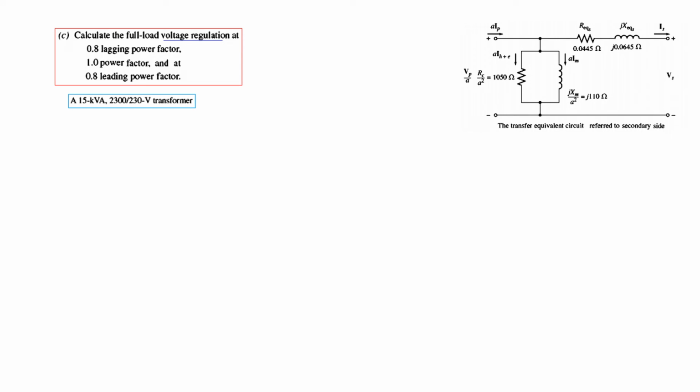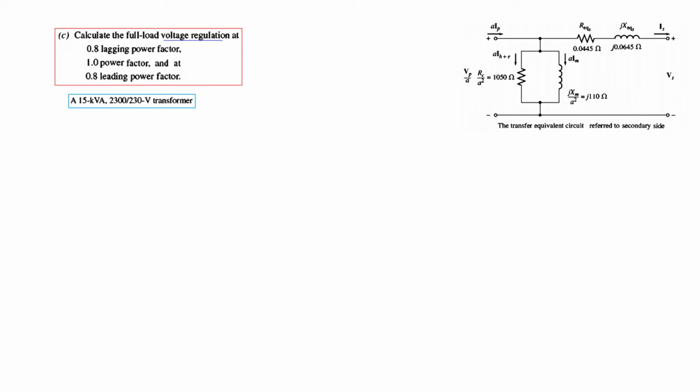Okay, now this part may be slightly difficult, so pay attention. What we have to do here is calculate the voltage regulation at these power factors. This is the circuit referred to the secondary side. We'll use this circuit, and the rating of the transformer is given.